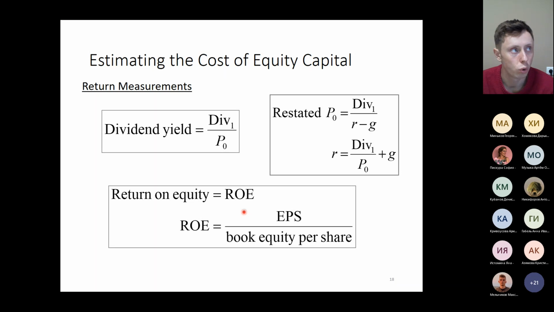And in order to estimate what growth would be, we should consider the return on equity, how profitable the activities of the firm are. Return on equity is estimated as earnings per share divided by the book equity per share, and this is a source of growth.